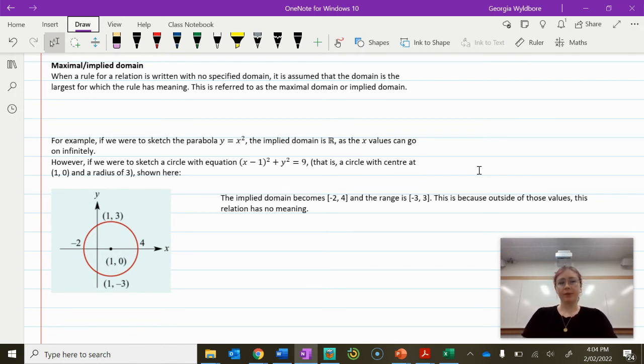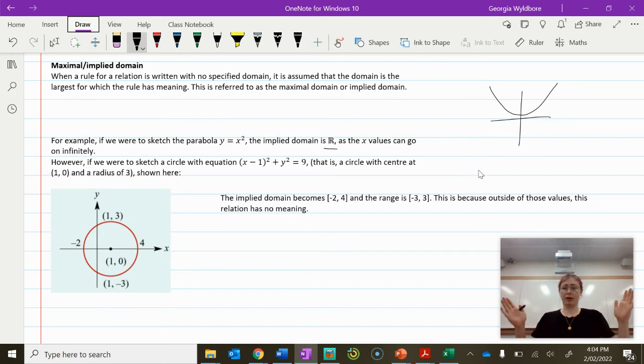It can be called either. If we were just to sketch the parabola of x squared, the domain of that is infinite, right? It's R, the set of all the real values, because they can keep going forever. Any x value you pick, there will be a corresponding value of y for it.